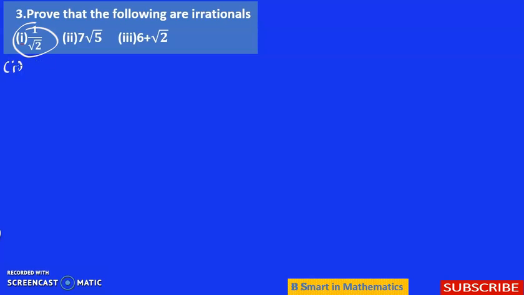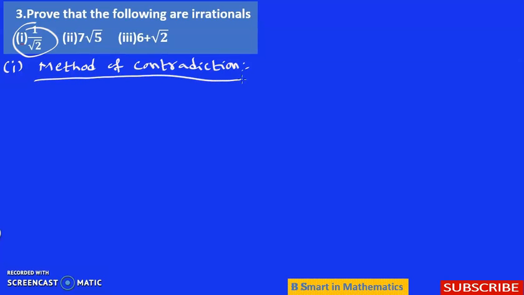First we will prove the first part, that it is irrational. We will prove this by method of contradiction. I already explained what this method of contradiction is in the previous video. In this method of contradiction, we have to assume the opposite of what we have to prove.